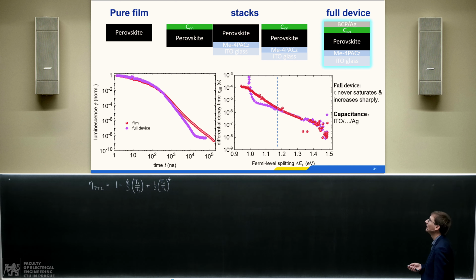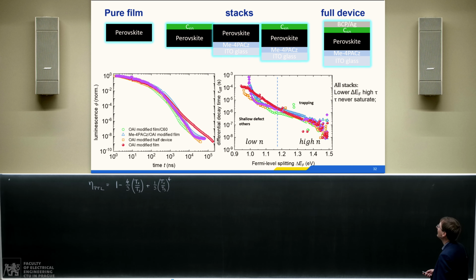So we measure with 100 hertz. It means every 10 milliseconds a new pulse comes, and then you can measure this. But you need many hours for one of these curves. Okay, good. So this is all of them now. You see it's not super different. On the whole scale of things, it's not super different.